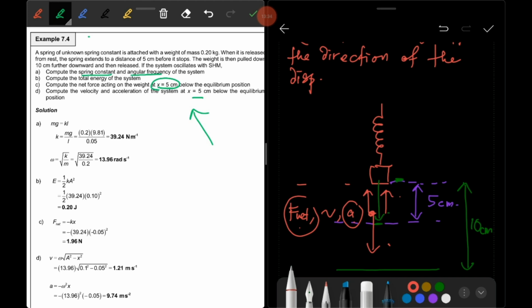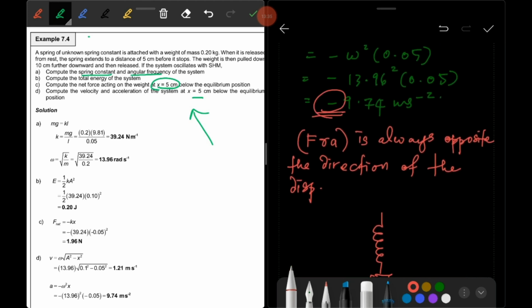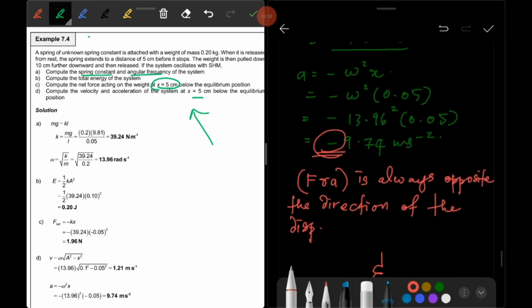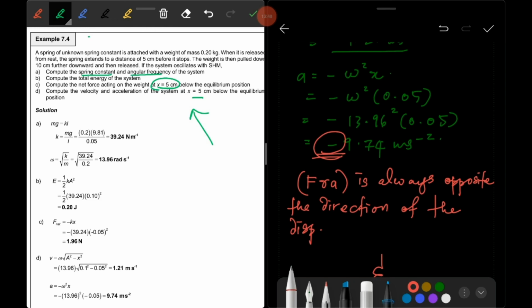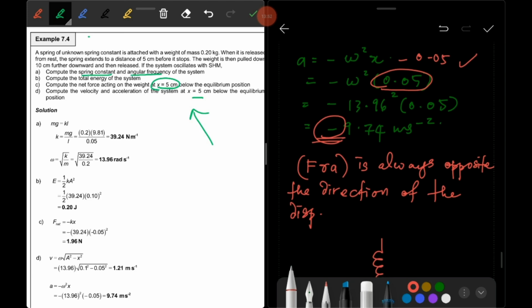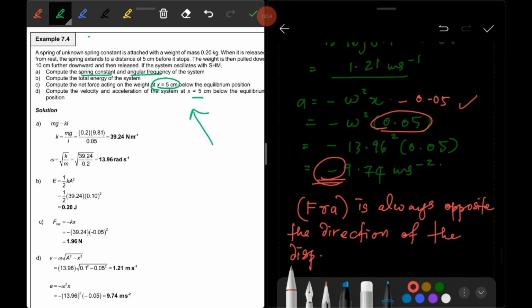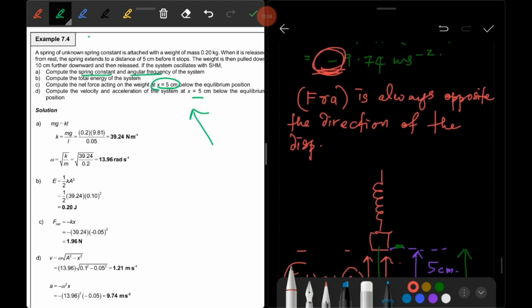That's why we got the negative sign here. So again, I repeat that it is optional. If you want to put negative 0.05, the answer is still correct. So it's up to you. The important thing is that you understand what is meant by the negative sign here. Okay, that is example 7.4.